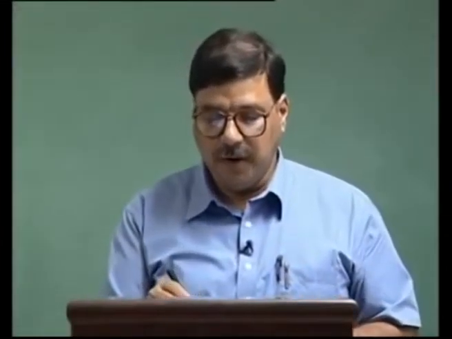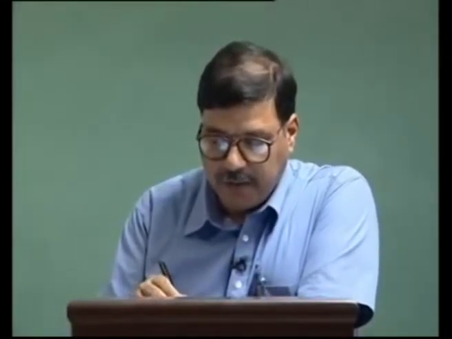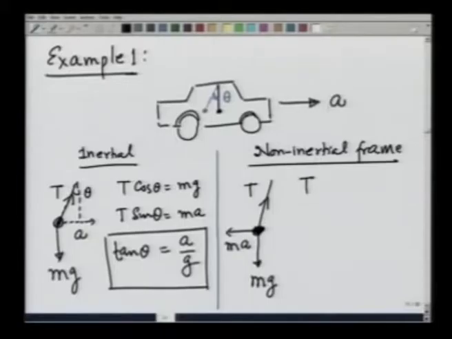Notice that when I am sitting in the car, the pendulum is in equilibrium position, because with respect to the car frame, it is not moving at all. The three forces are to be balanced for equilibrium, and that gives you T cosine theta equals mg and T sine theta equals ma.